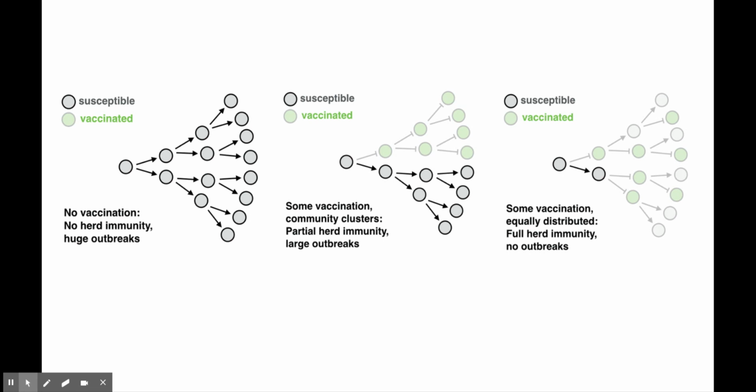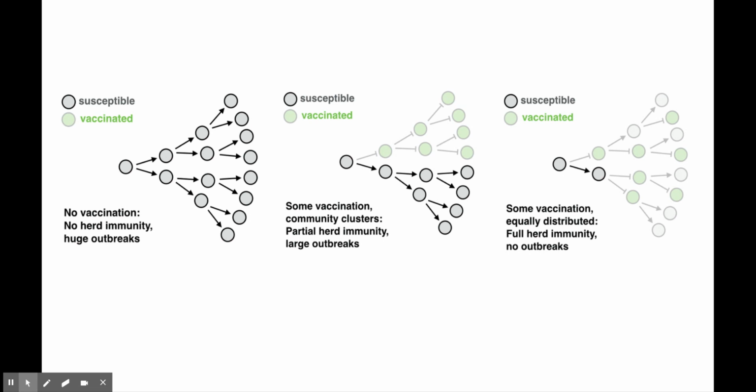When some people are either vaccinated or no longer susceptible because maybe they recovered from COVID and have some immunity built up, there is less opportunity for the virus to spread.